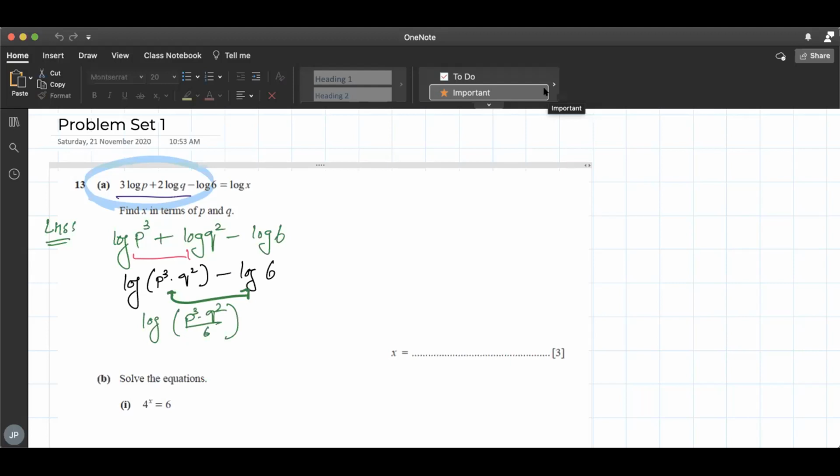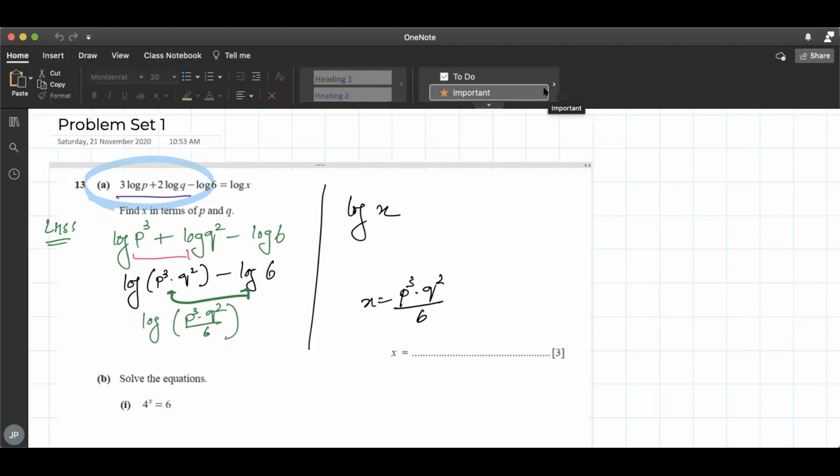That's your left-hand side. On your right-hand side, of course, you just have log of x. Now, when you compare left-hand side and right-hand side, you can say that x must be equal to p cubed q squared over 6.